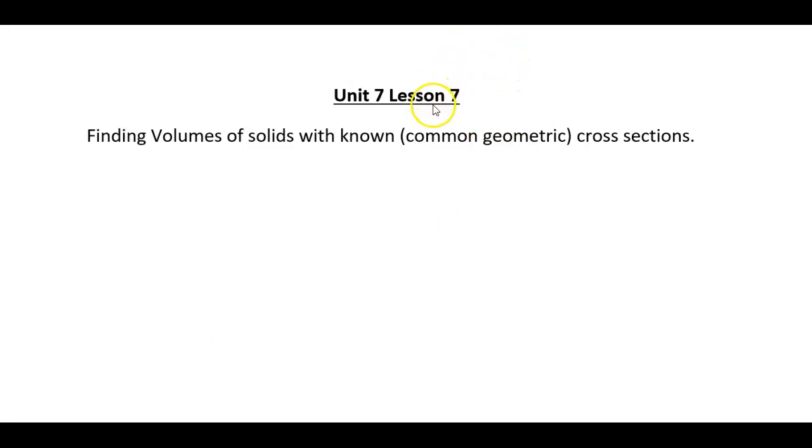So we're going to spend the next 2 lessons on finding volumes of solids with known cross-sections. So what that means is, for instance, if I were to give you guys a shape of a rectangular prism. This is not drawn very good.